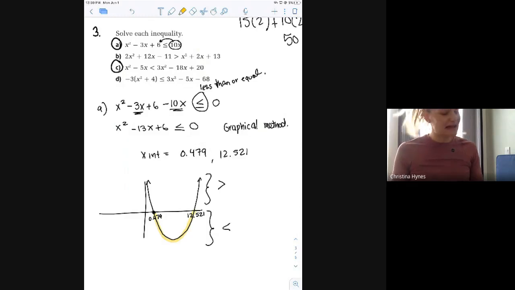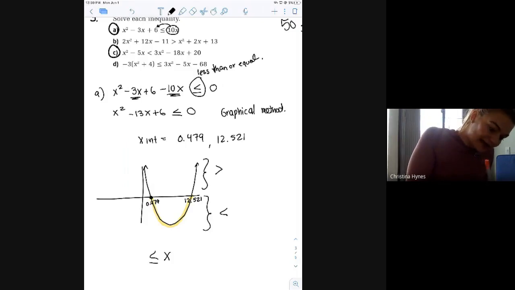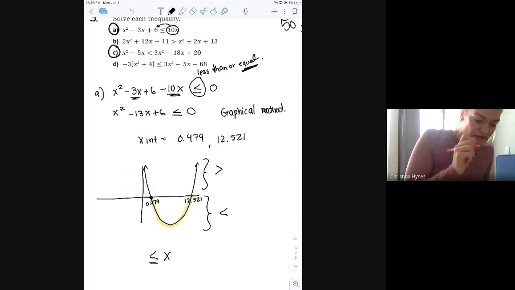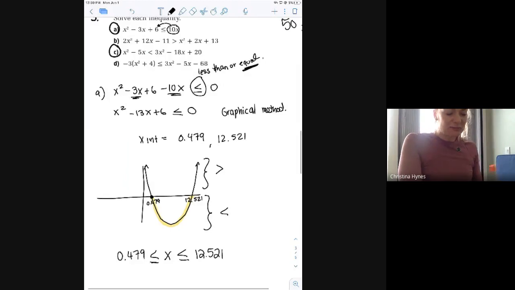So my answer is going to be where x is greater than or equal to, because it has equal to in the question, the first x-intercept, and less than or equal to 12.521. Whenever you're talking about the little hump area, it's always between the x-intercepts.